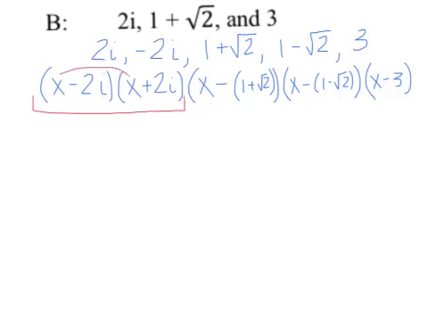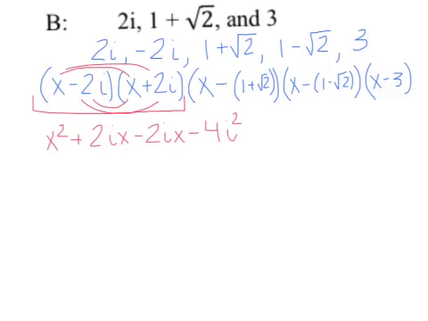So do x times x, we get x squared. X times 2i is plus 2ix. Minus 2i times x is minus 2ix. And minus 2i times a positive 2i will be minus 4i squared. Okay, let's simplify this before we try to multiply anything else.